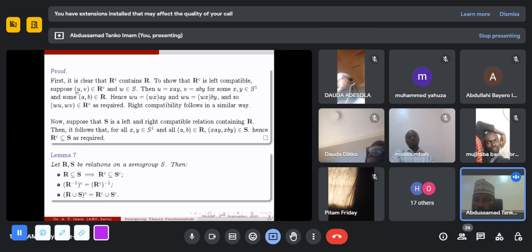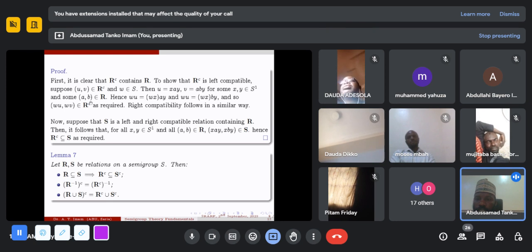In other words, if I take U, V RC related and multiply this pair from the left by W, the result still is in RC. And so therefore RC is left compatible. Right compatibility is achieved in a similar way.